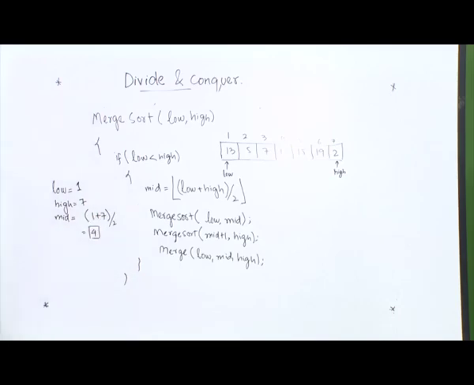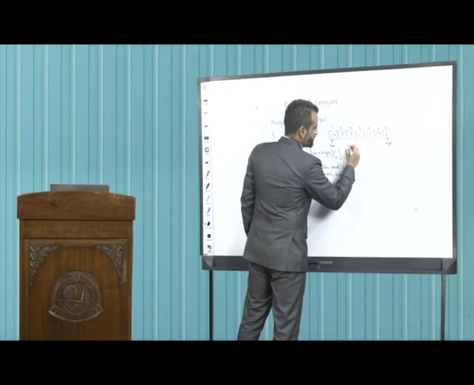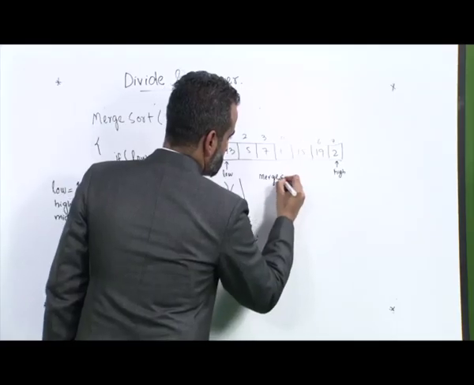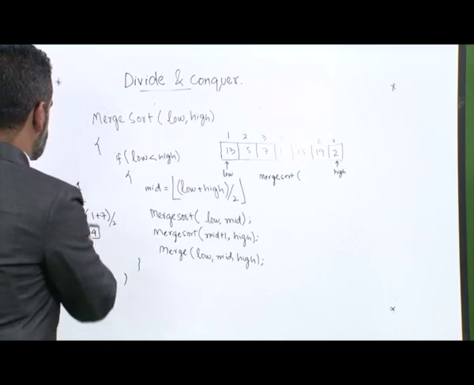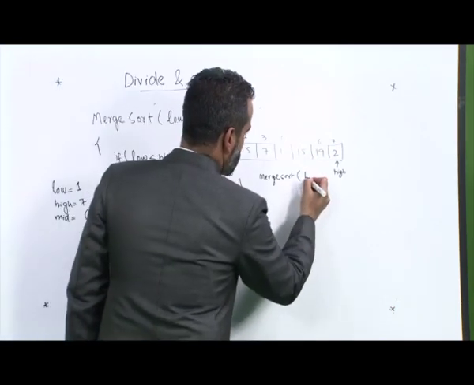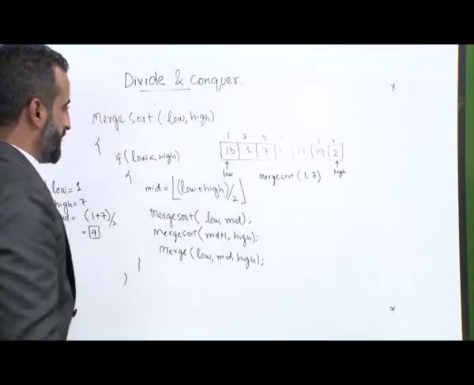This is my mid value. So the call will essentially take these values, merge sort, with the low and high values 1 and 7.